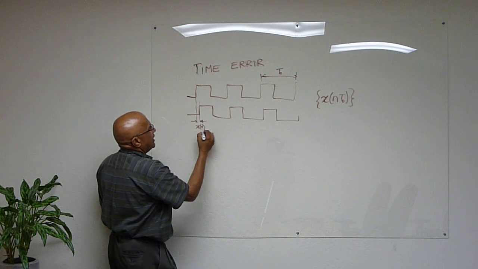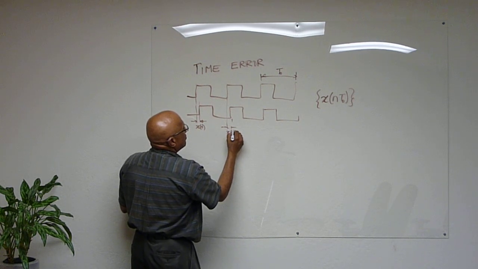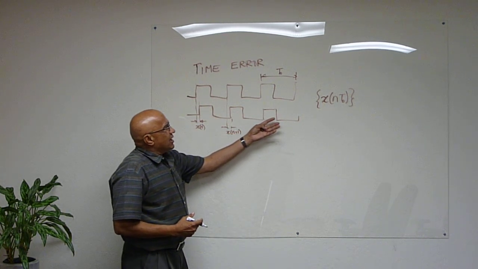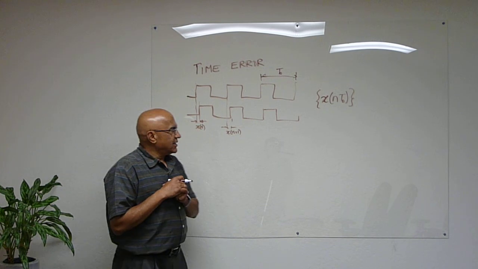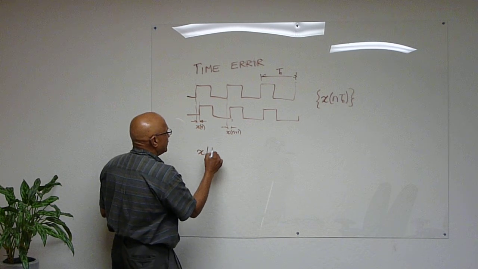So this is x of n, the next one would be x of n plus 1, etc. When we think about this time error, it's convenient in shorthand notation to refer to it as x of t.